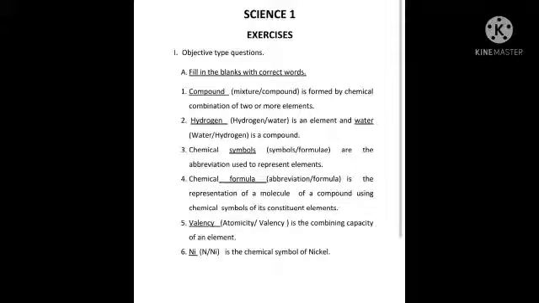Element only we cannot break down into simpler substances. Yes. Then what is the chemical symbol of iron? Chemical symbol of iron. Do you know? Iron means ferrous, is it? So C option Fe is the correct answer.